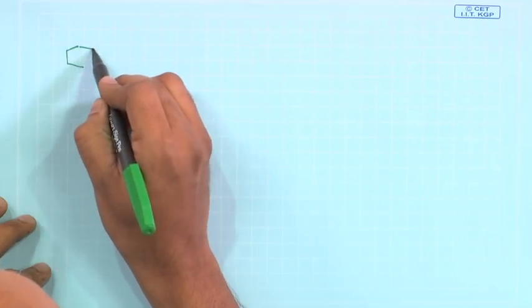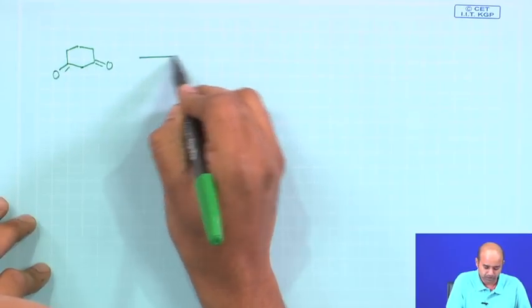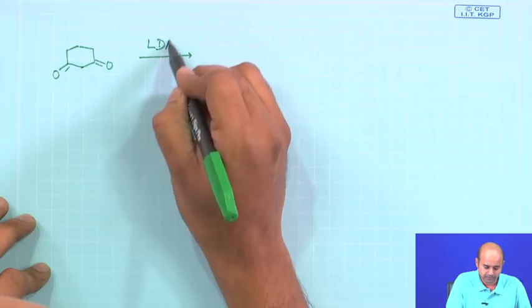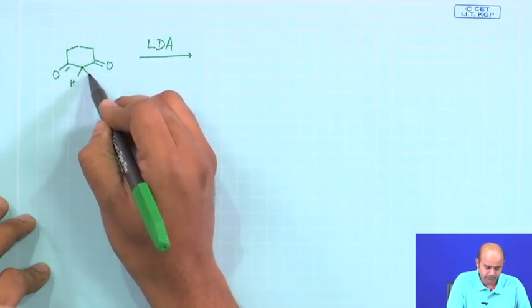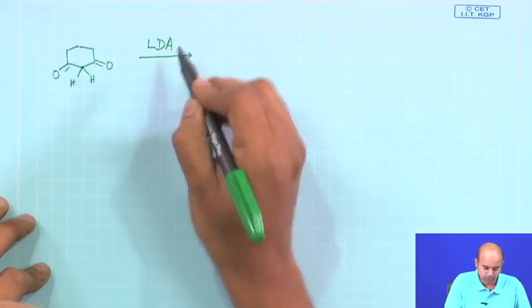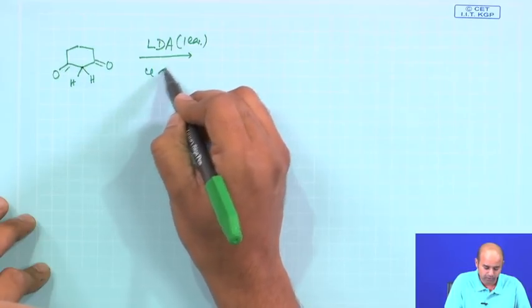So, go back to the synthesis in a forward pathway. Initially we will start with the starting material which was given to you, a cyclohexane 1,3-dione. You do a base mediated alkylation with LDA. This is the most abstractable acidic hydrogen, one equivalent of LDA, and then you react with chloroacetaldehyde.